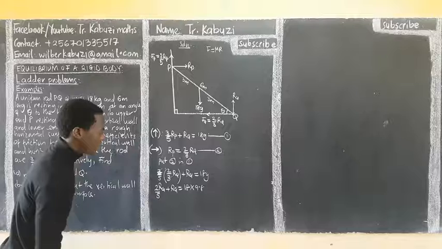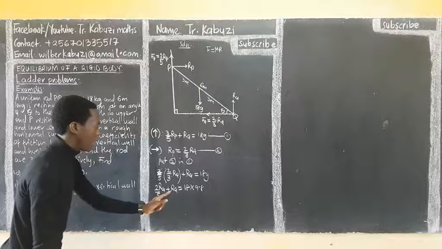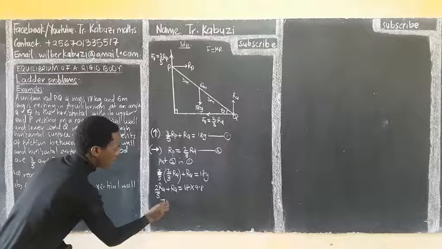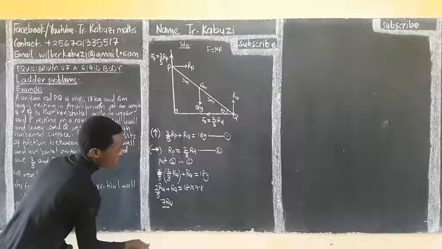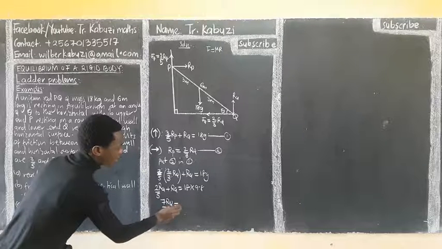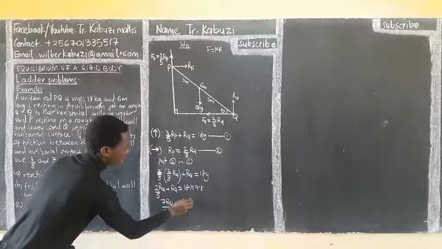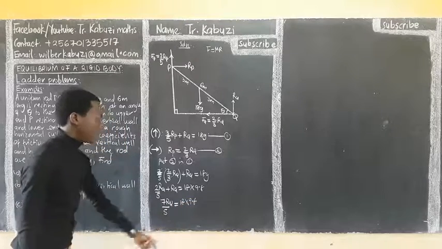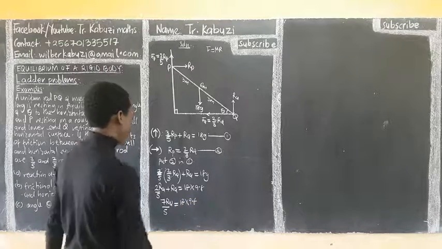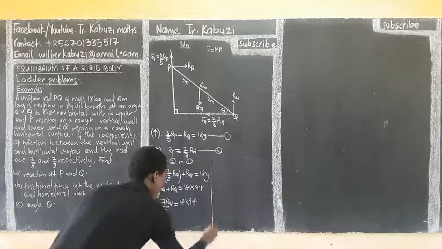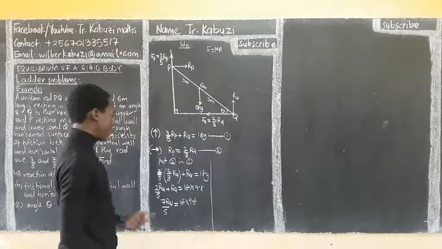So the whole of this one is simplified. This is going to be 5 plus this. We have 7 RQ over 5 equaling to 18 times 9.8. So starting here, we can get our RQ. You see, I'm going to multiply this side and divide by this.